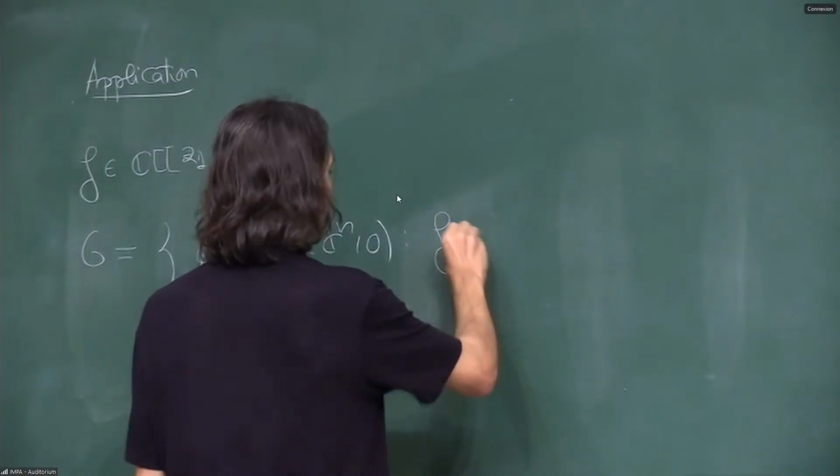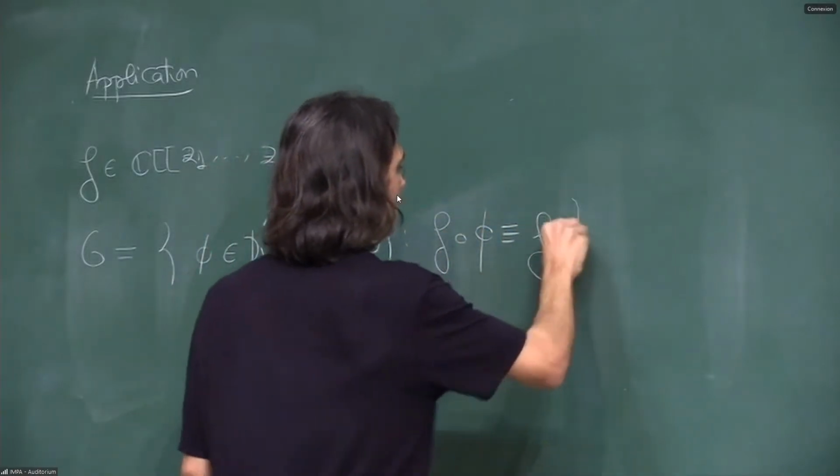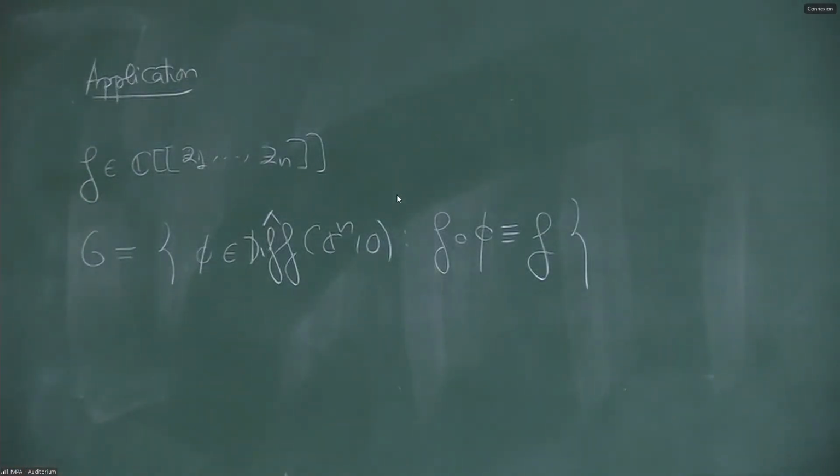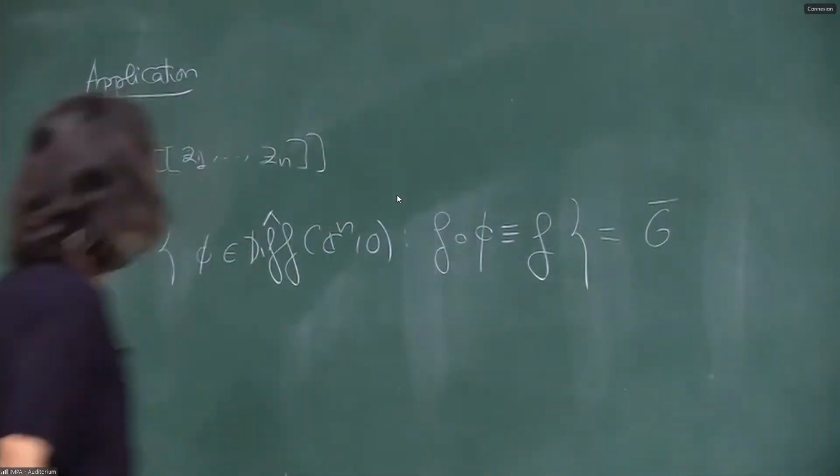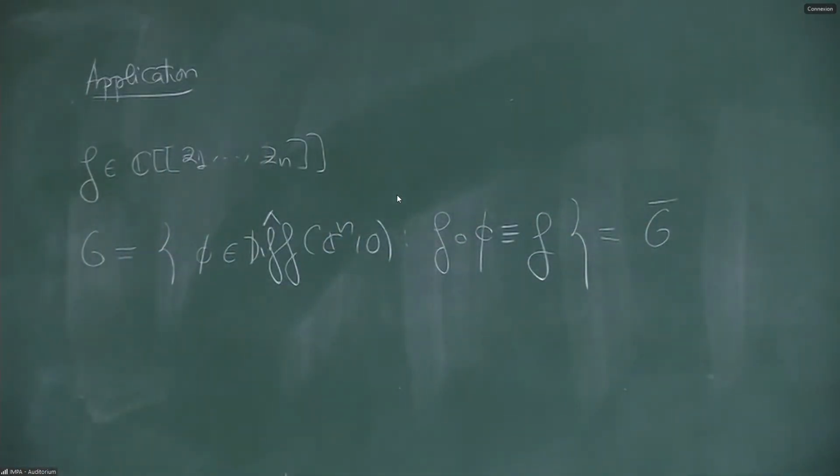This is a group, this is a Zariski closed group. And you can calculate its Lie algebra.